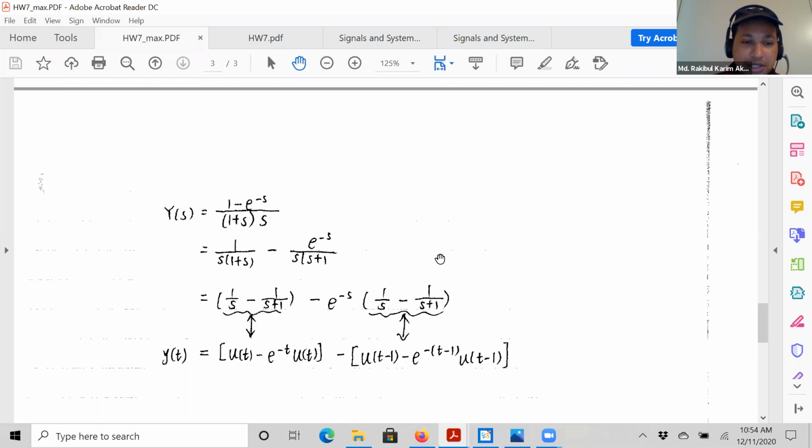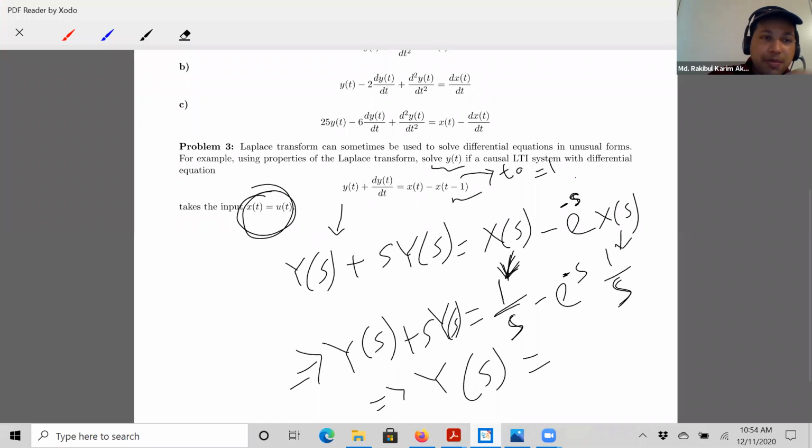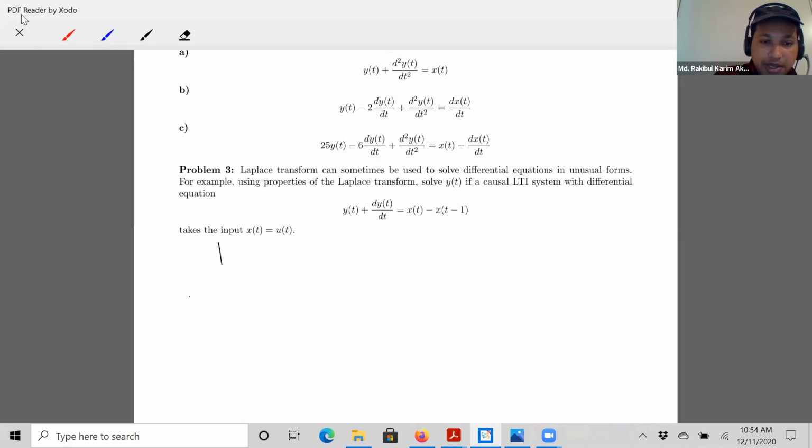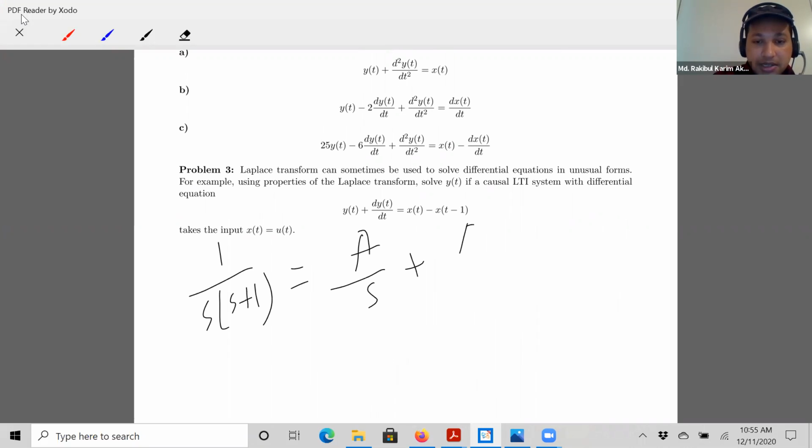So partial fraction expansion, what is that line actually? 1 by s into s plus 1, you can write it as a by s plus b by s plus 1 format. And this s is actually s minus 0, right?